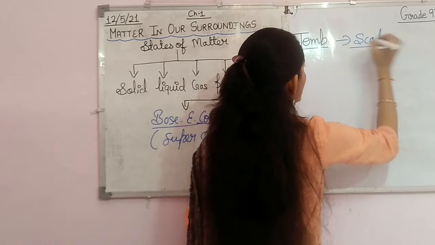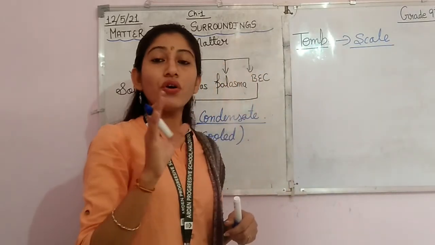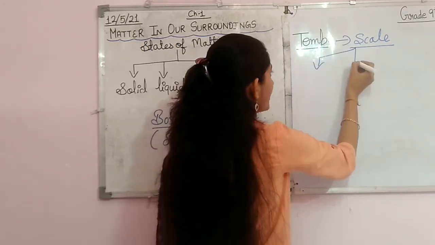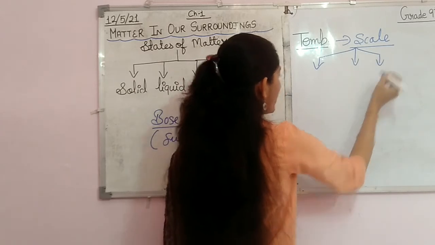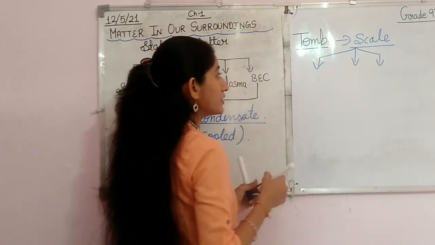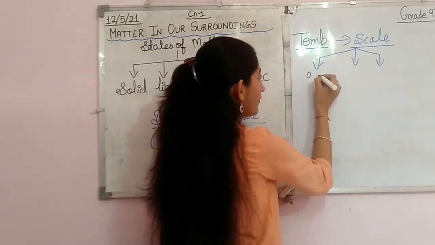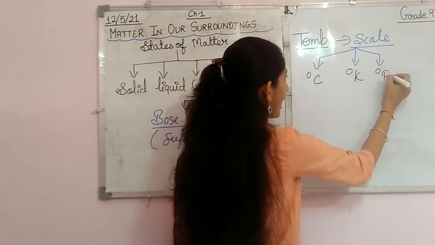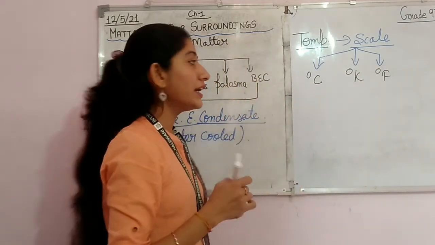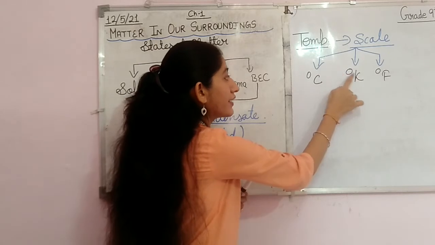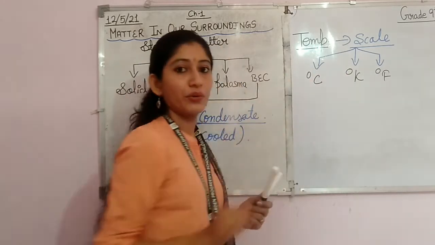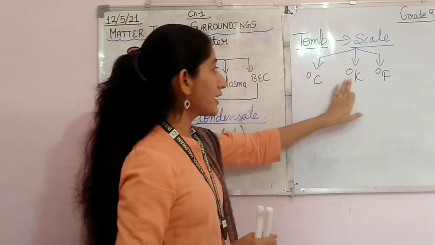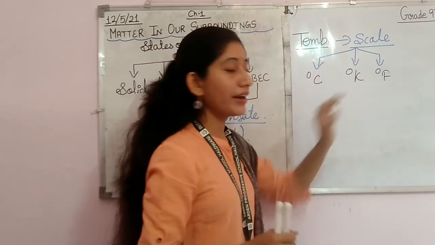We have three different types of scale: the Kelvin scale, the Celsius scale, and the Fahrenheit scale. We call them degree Celsius, degree Kelvin, degree Fahrenheit.